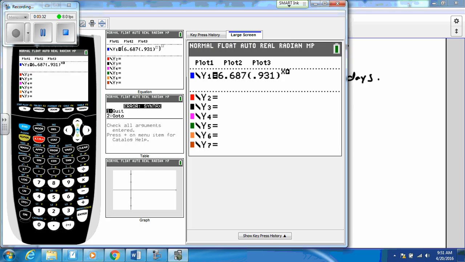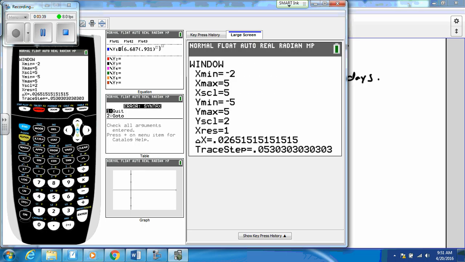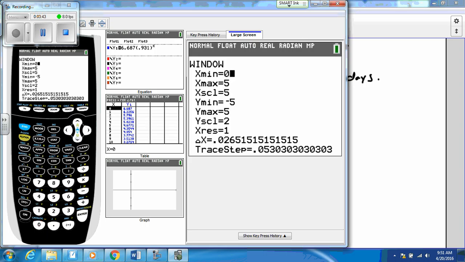Now, before I hit graph, what else do I need to do? Window size. Domain's easy. What's my domain? 0 to 30. What about the range here? For the range, I need to know something about the nature of my function. What kind of function am I looking at? Not logarithmic. Exponential.